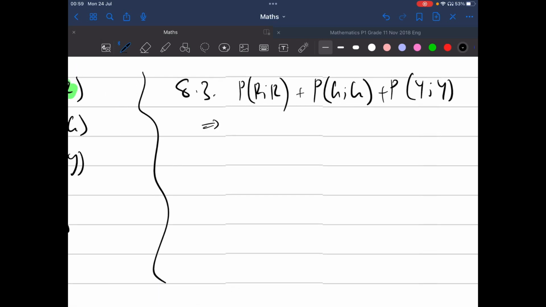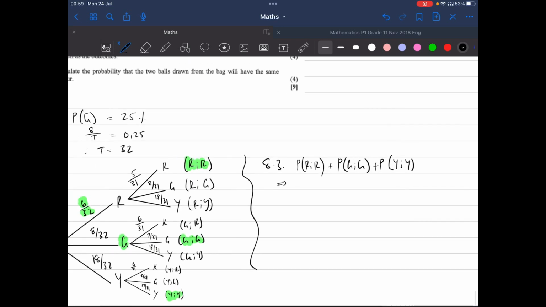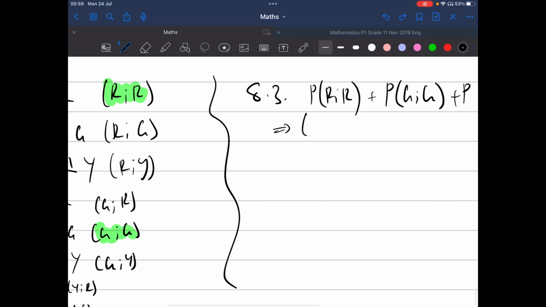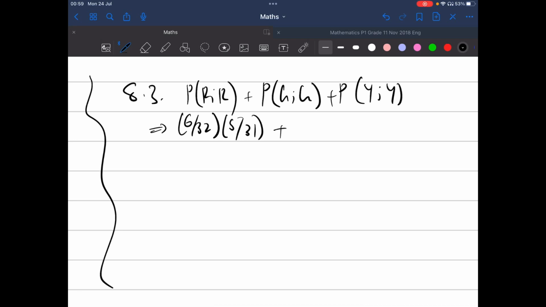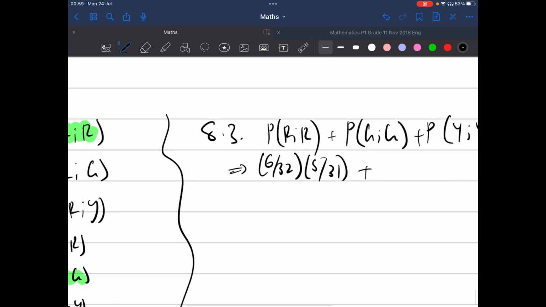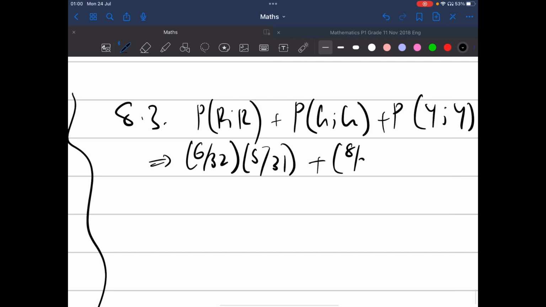So the probability of red and red, let's see, 6 over 32 times 5 over 31, plus the probability of green, which is 8 over 32 times 7 over 31.